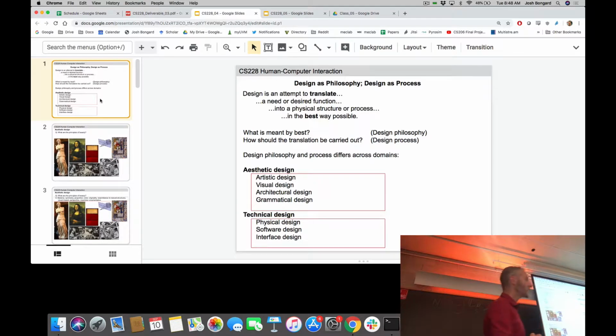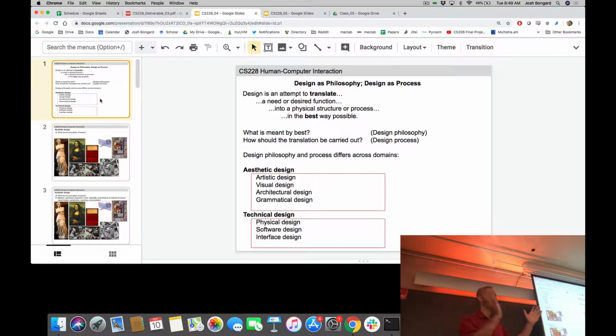So the translation itself is the design process. We've identified some need, and eventually we're going to end up with some hardware and software. That's a process. There's lots of different ways we might go from desired need to finished product, and depending on our particular design philosophy, we might see some of those processes as better than others.